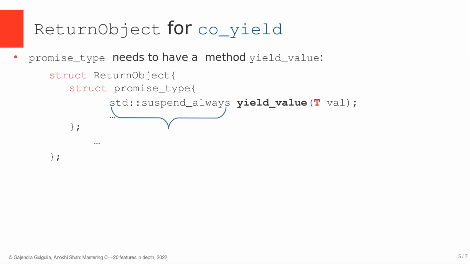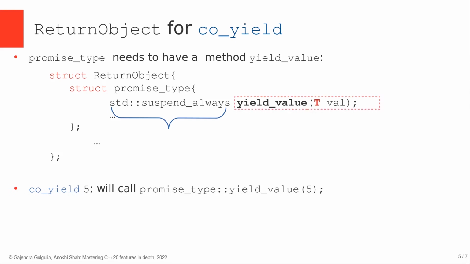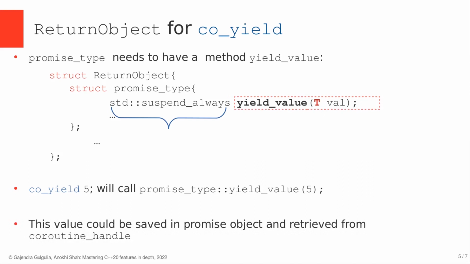The method yield_value returns a std::suspend_always awaiter, which is exactly the awaiter that causes suspension of the coroutine after yielding the value and returning the execution control back to the caller. So in short, if there exists co_yield 5 within the coroutine body, the compiler will call the method yield_value with an argument 5. This value could be saved within the coroutine handle and retrieved in the caller.